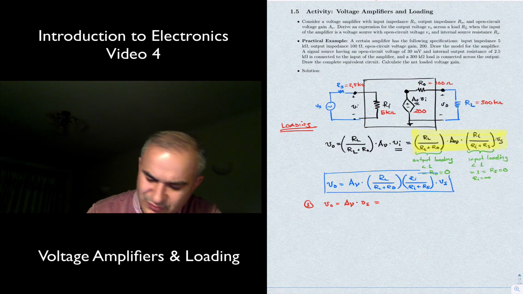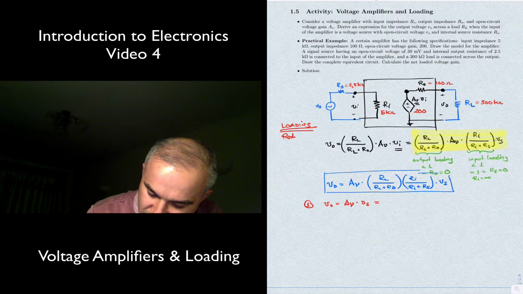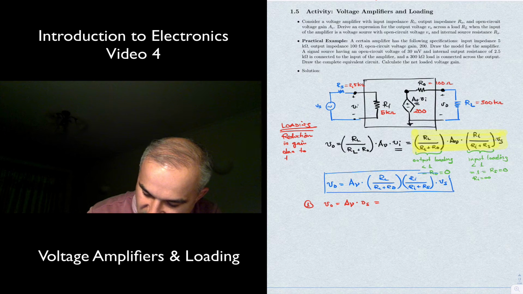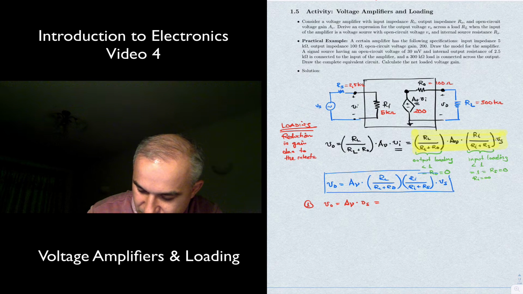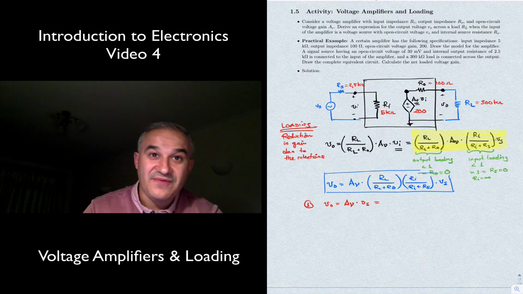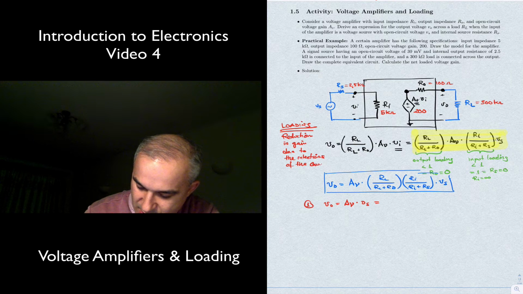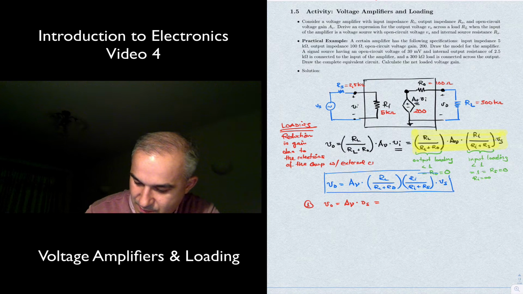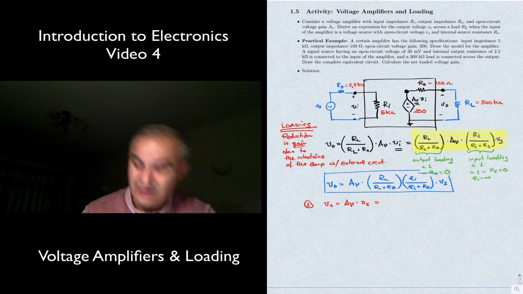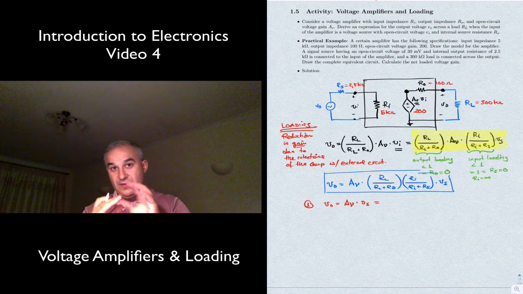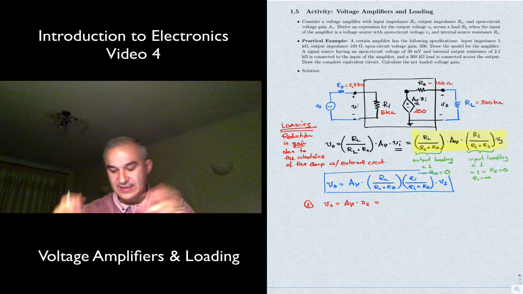In the context of amplifiers, we could say a reduction in gain due to the interaction of the amplifier with the external circuit. It turns out to be a reduction in voltage level because of the interaction of the amplifier with the external circuit.